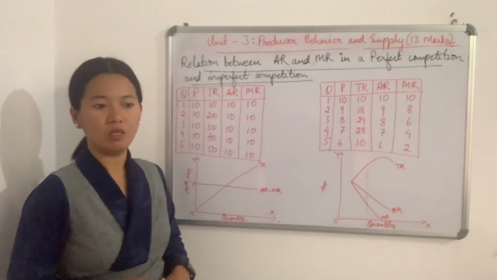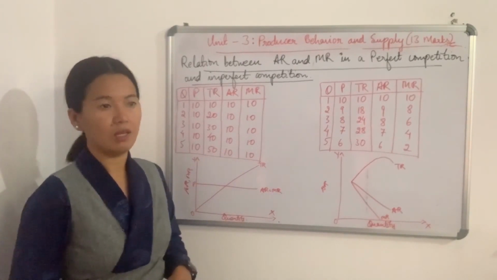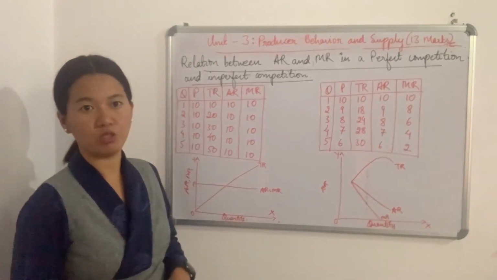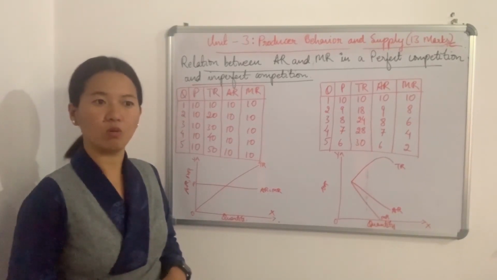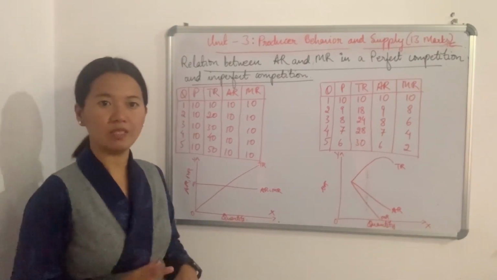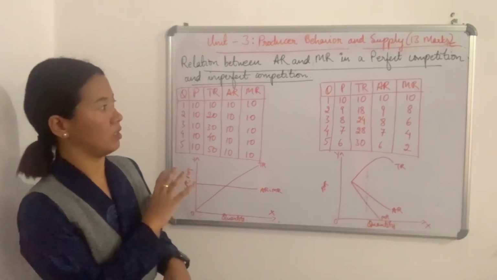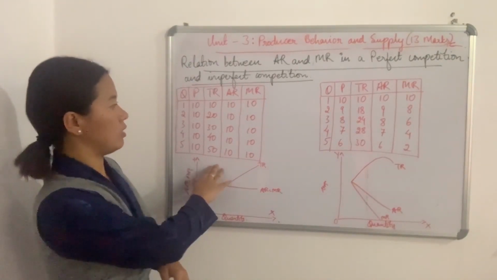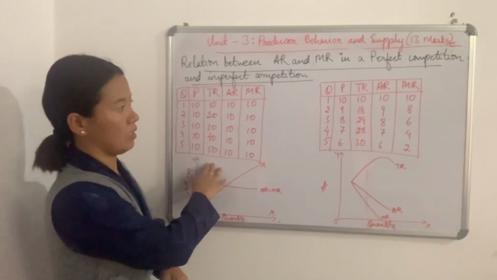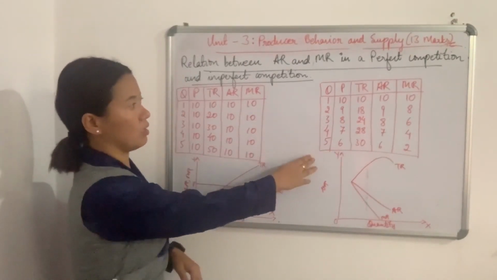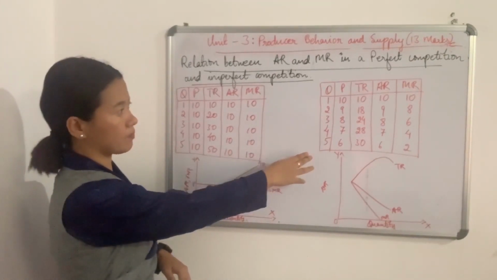So in this kind of market, the price remains constant. And in an imperfect competition market, the products sold are close substitutes. Prices may differ in this kind of market. The first schedule is for the perfect competition market, where the prices are constant, and the second schedule is for the imperfect competition market, where the prices are falling.